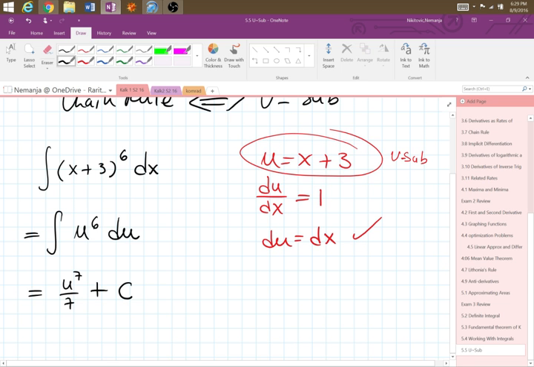The sentence to remember, so you can say this every time, is: I don't care about u, I care about x. And just substitute that in. So you like those sentences? And no one got it. So I have 1 over 7 times x plus 3 to the 7 plus c. And the problem is solved. That's it.